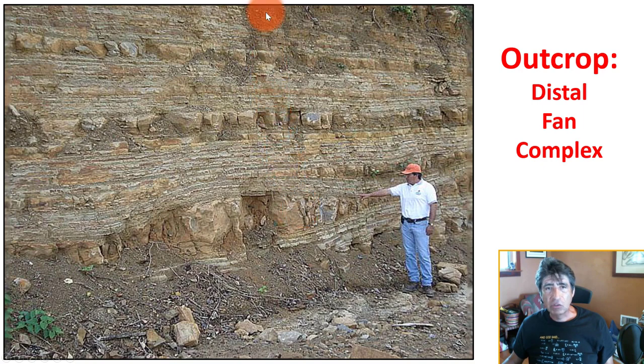And here's another example of an outcrop. In this part we have beds that are very thin and that are also laminated and interspersed by layers of shell. If a well was drilled through this sequence, that would be the distal part of the turbidite system, which is the fan complex.